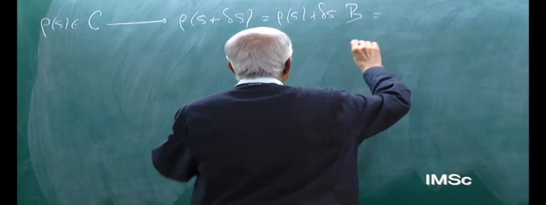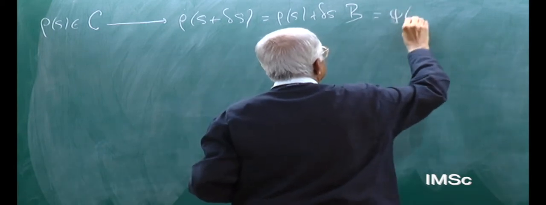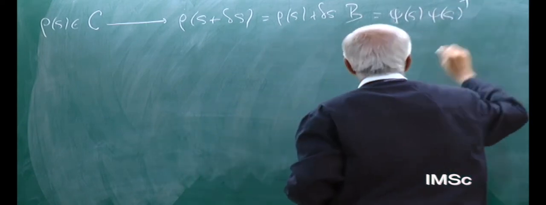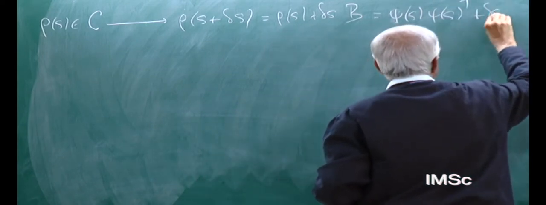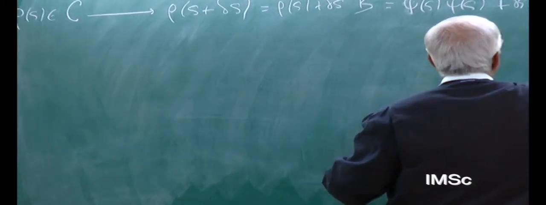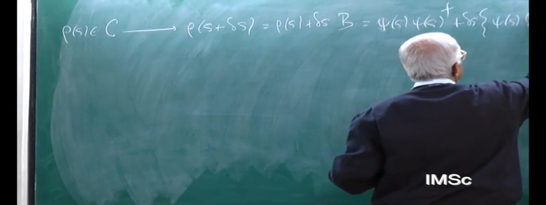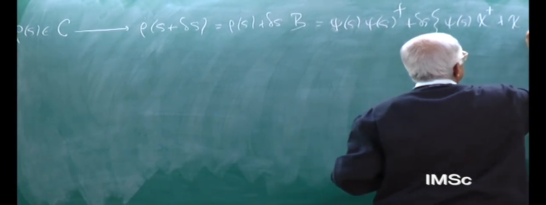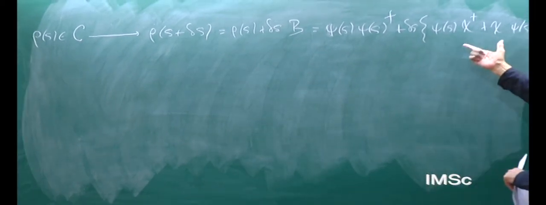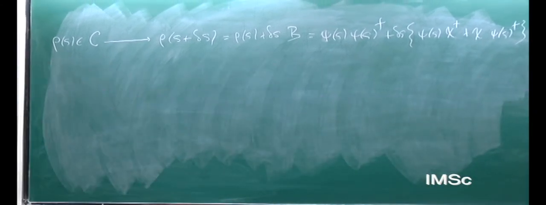So there are three terms here now. Rho of s, what is it? It is psi psi dagger plus delta s, and B has two terms. Right? So this is the nearby point at s plus delta s.